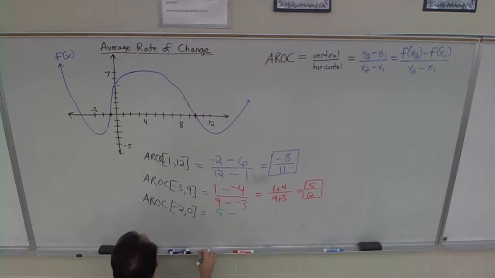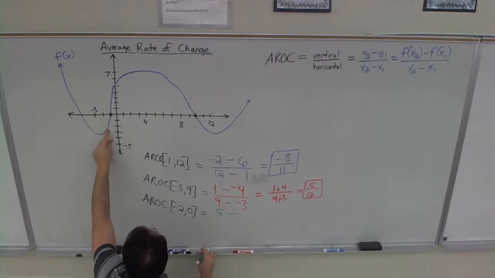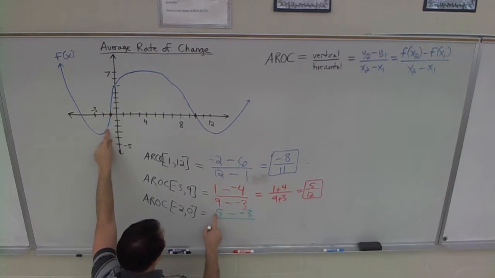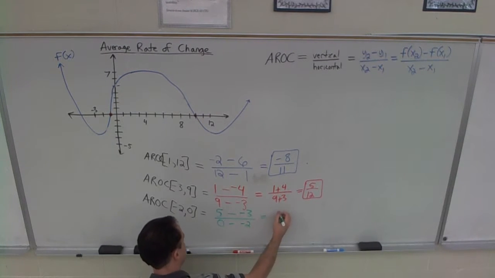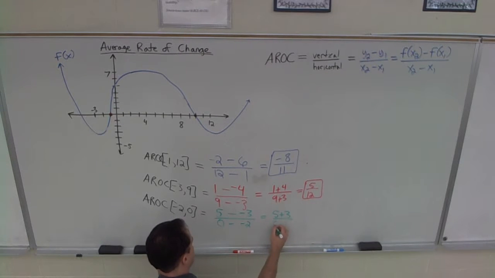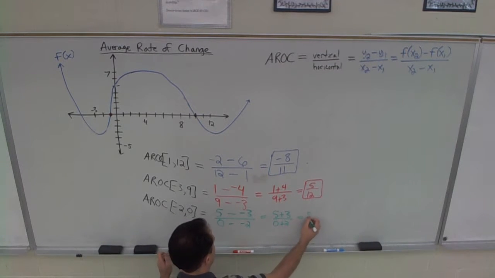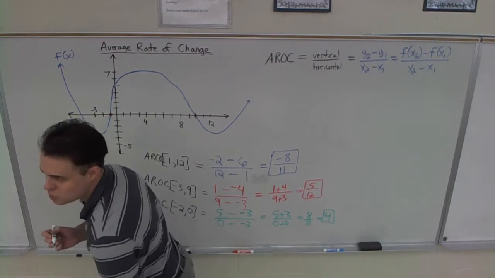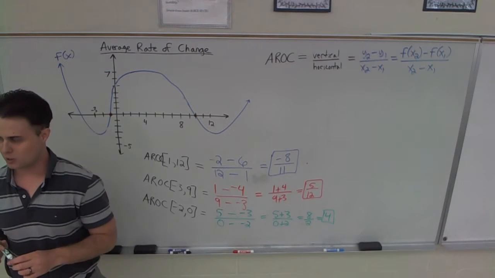At -2, the y value is maybe -3. The x that gave us 5 is 0. The x that gave us -3 is -2. Put a minus, you've got it. So 5 plus 3 and 0 plus 2 is 8/2, which is 4. 4 is positive and steep, just like we expected.